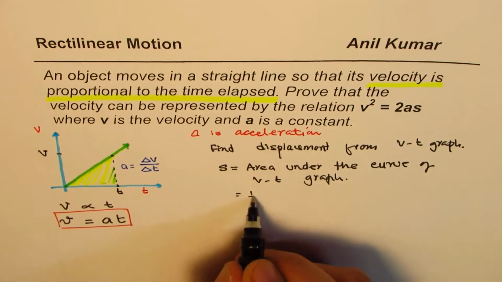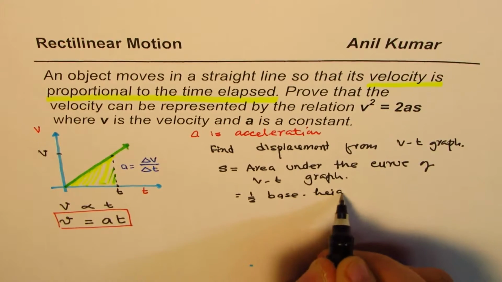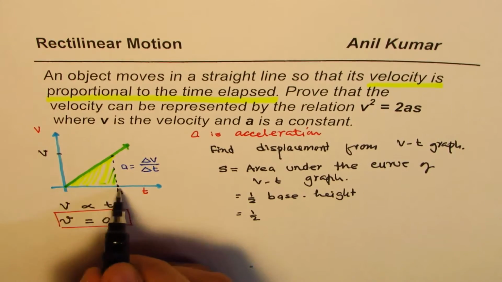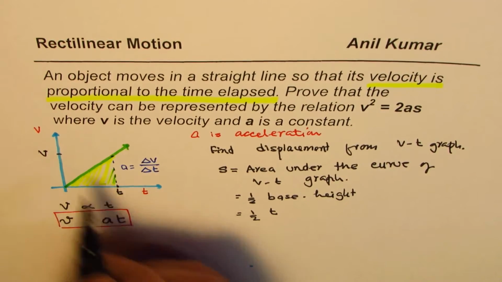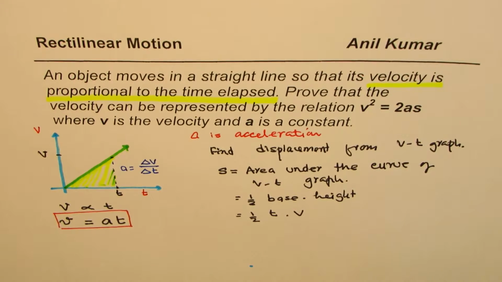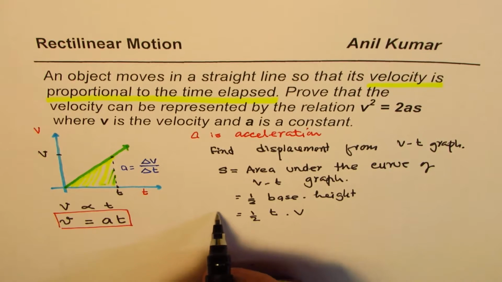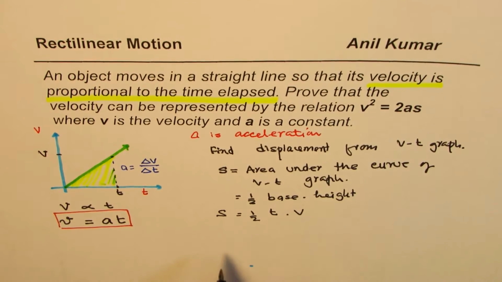Area of the triangle is half base times height. Half of base is time t, and height is velocity v. So the area is half t times v, correct? So what we get here is a relation which says s equals half tv.